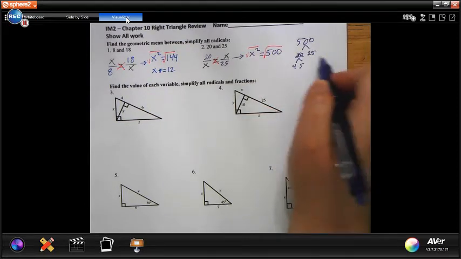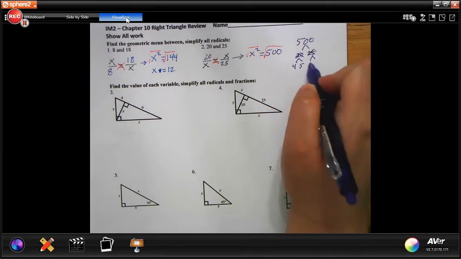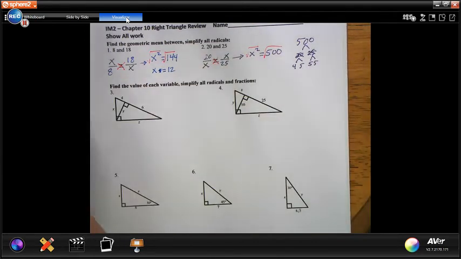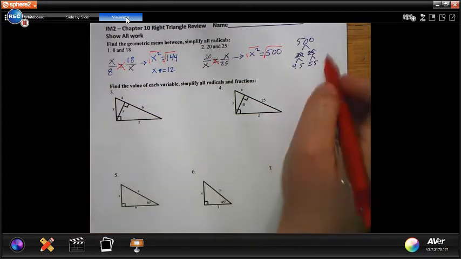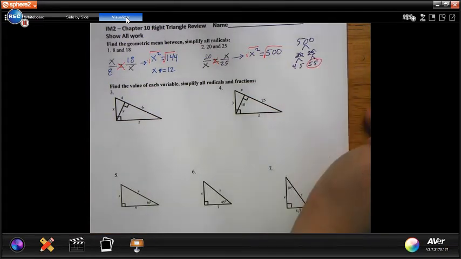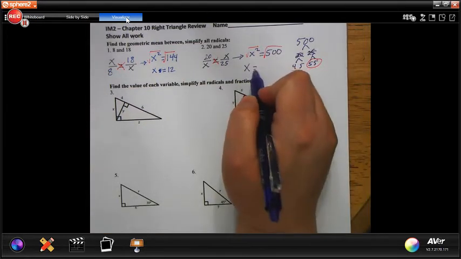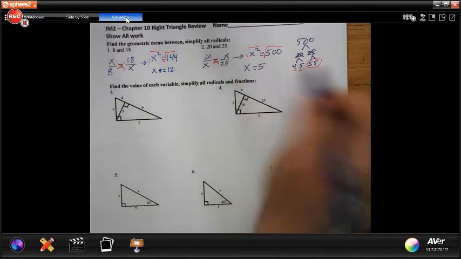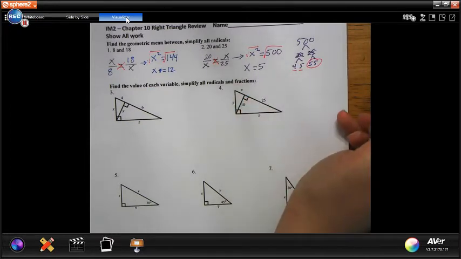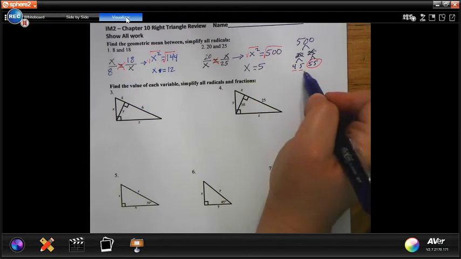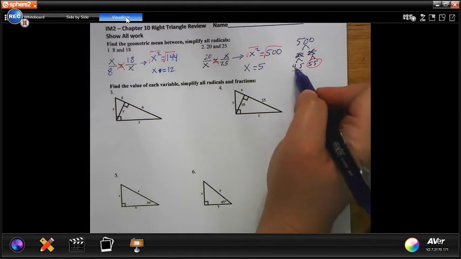That gets rid of 20. 25 is 5 times 5. I notice I have twin 5s, and these 2 don't have twins, so they go back in. So the twin 5s break out. So I get my x equals, my twin 5s break out. They break out, so they're out, not back in. These 2 do not break out, so they're in. And to put them back together, they make 20.